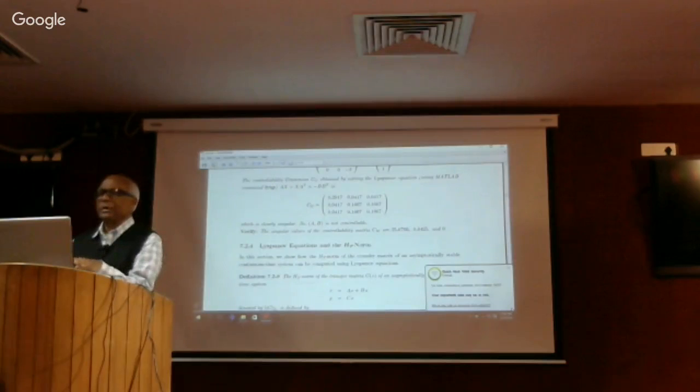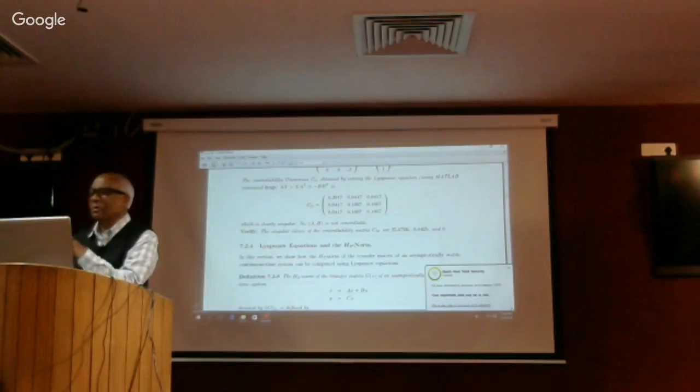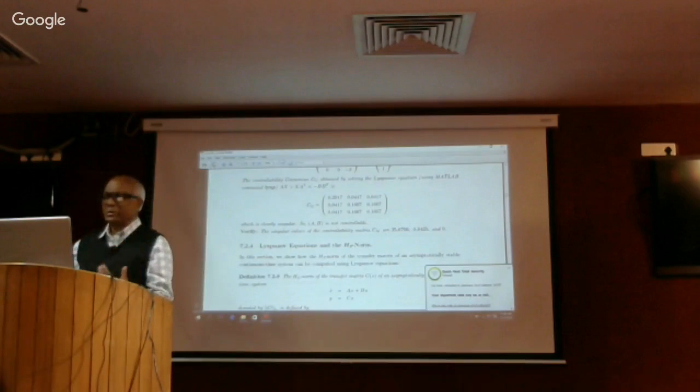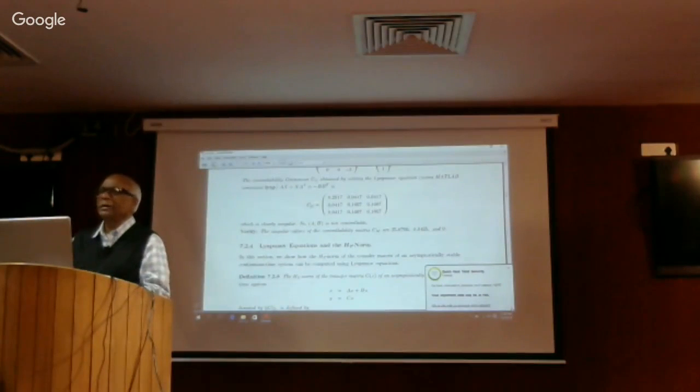So, what I'm trying to say here is that I'm showing you some applications of the Lyapunov matrix equation, with a comment that the Lyapunov matrix equation is no longer a computationally viable criterion for testing if the system is stable. But we need to know how to solve this equation, because there are many control applications where the Lyapunov matrix equation plays a very important role.